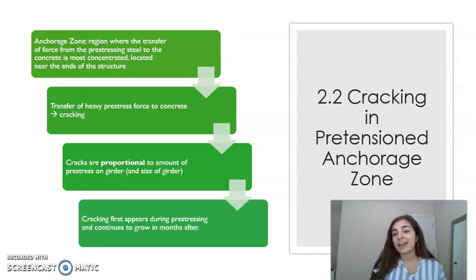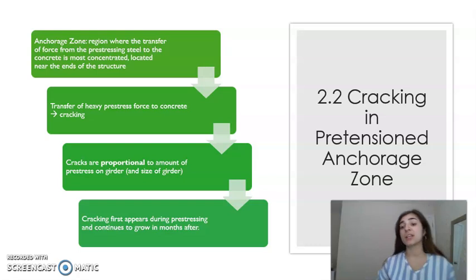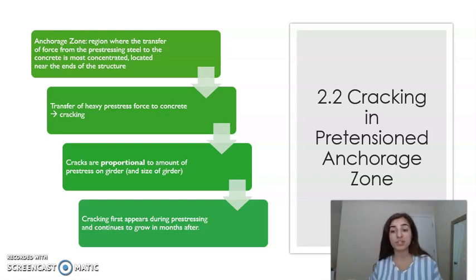The next problem we'll look at is cracking in the pre-tensioned anchorage zone. The anchorage zone is most commonly associated with the end zone of a bridge girder, closest to where any hydraulic jacking of the strands occurs. This is an area of very high concentration of prestressing force.